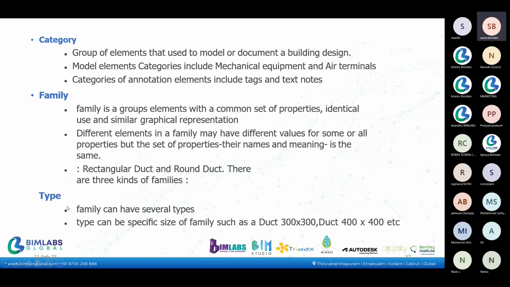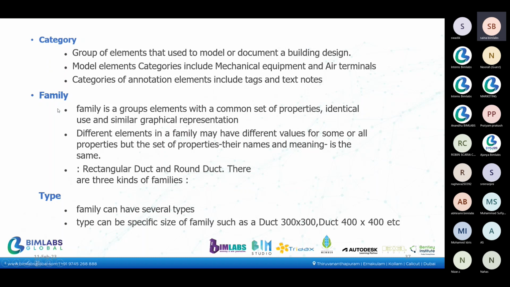The category, family, and type are described in detail here. A group of elements used to model or document a building design is called a category. Model element categories include mechanical equipment, architectural elements, air terminals, etc. Categories of notation elements also include tags, text, and notes.